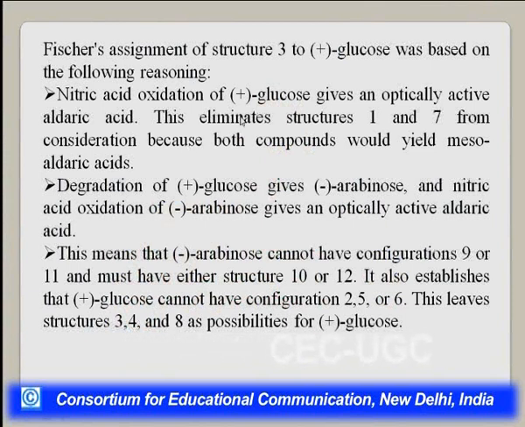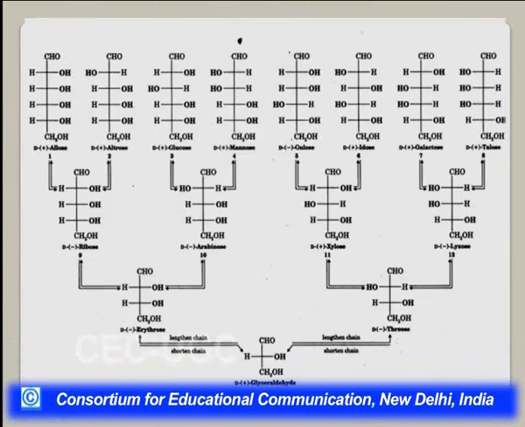Hence, this reaction will eliminate structures number 1 and 7. If you see structure number 1 and structure number 7, if we oxidize these two compounds with nitric acid, both terminal groups get oxidized to carboxylic acid.